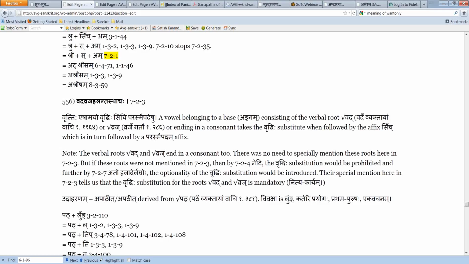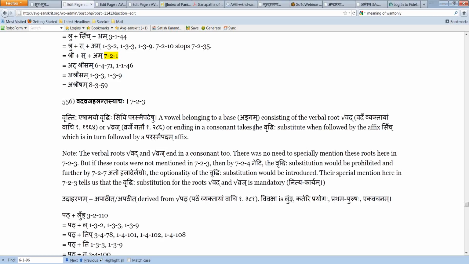Because the sthani has already been mentioned by saying achaha, it clearly means that any vowel belonging to an angam which consists of either the verbal root vada or vraja, or ending in a consonant, gets vriddhi when followed by sich, which is followed by parasmaipadam.